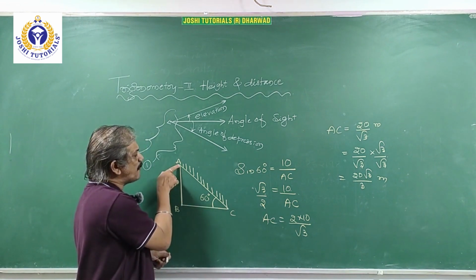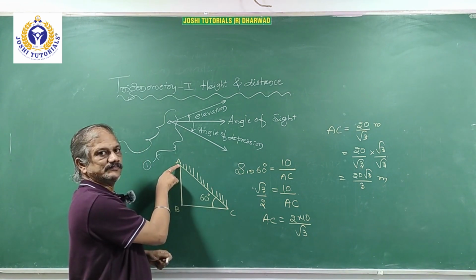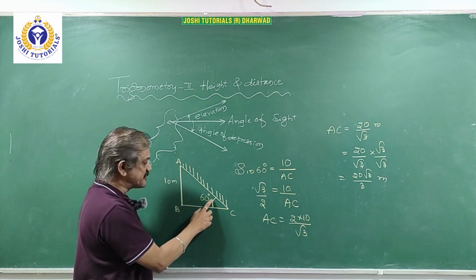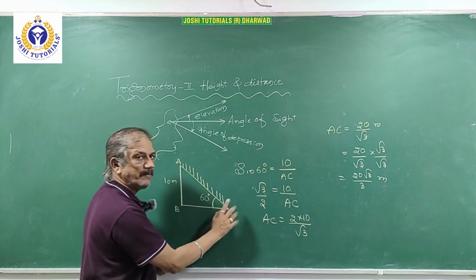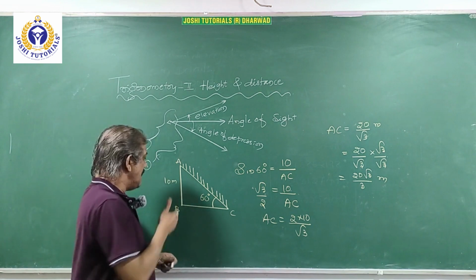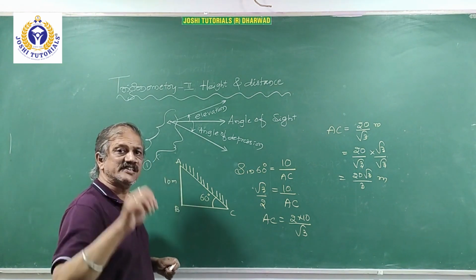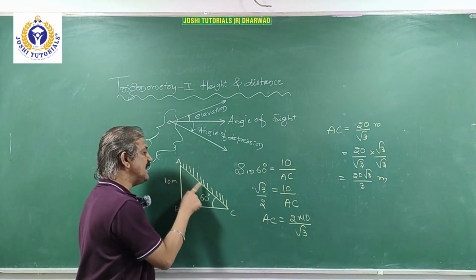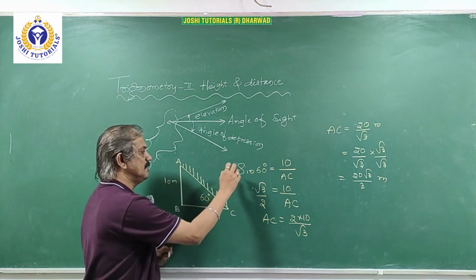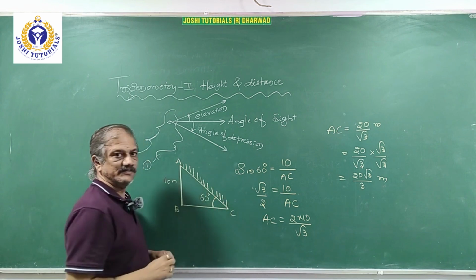Ladder touches the top of the pole by making an angle of 60 degree with the base. It is a pole of height 10 meter. He has asked the question, what is the length of the ladder?